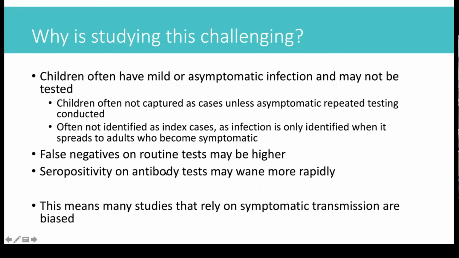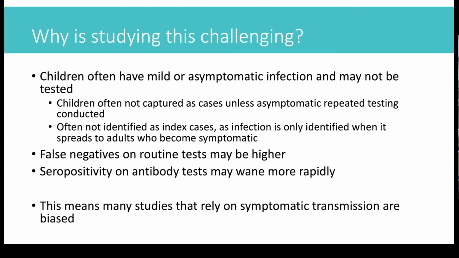So studying this in children has been very, very challenging, because children often have mild or asymptomatic infection. So when you look at routine testing, which is what, for example, Public Health England and Public Health Scotland do, often asymptomatic cases aren't captured. They are captured better now because we have rapid testing, but early on in the pandemic, they weren't captured at all.